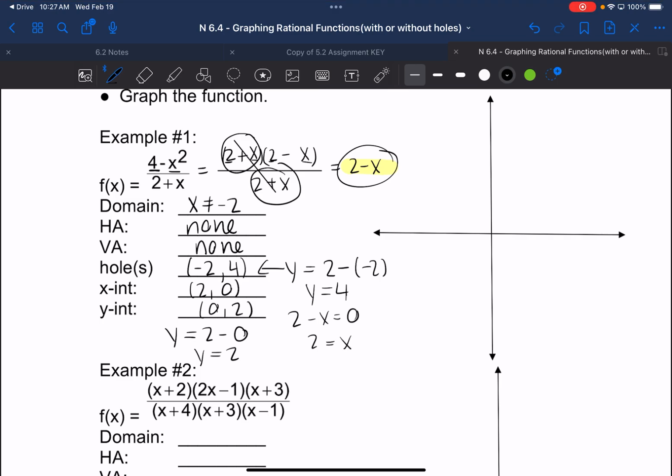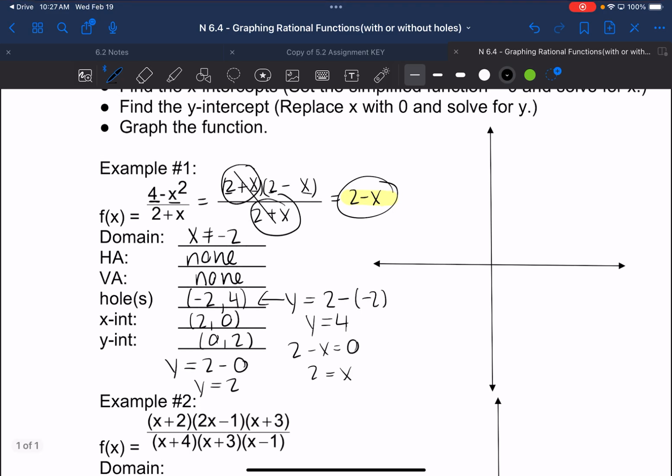Okay, so let's graph what we found. We didn't have any asymptotes. We have a hole at negative 2, positive 4. So negative 2, positive 4. So up here I've got a hole. We also said we had an x-intercept at 2.